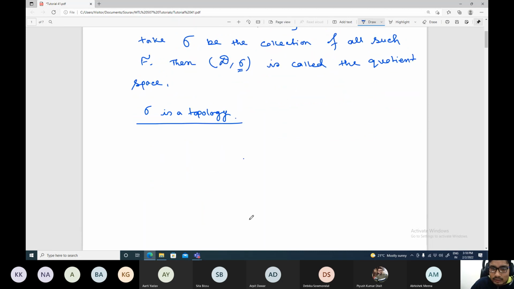Can you quickly give me the three arguments why it's a topology? The first: the empty set and script D belong to sigma. This is obvious, because if you take the union of all elements, this will be your whole X, because it's a partition.